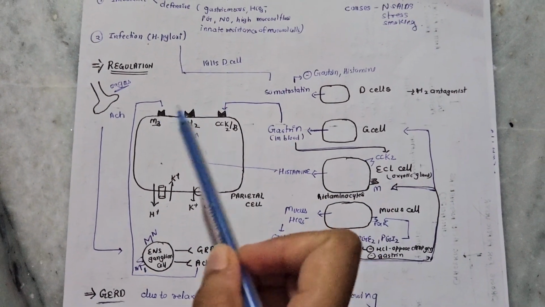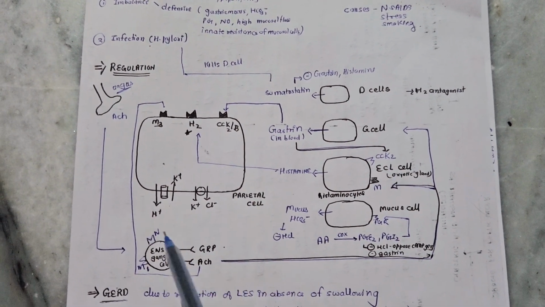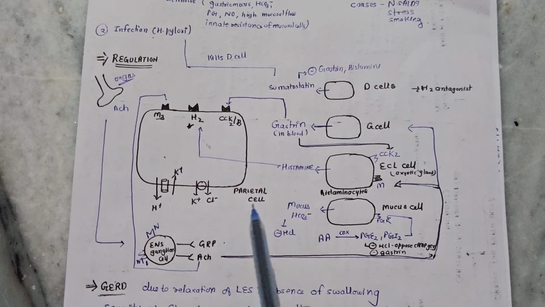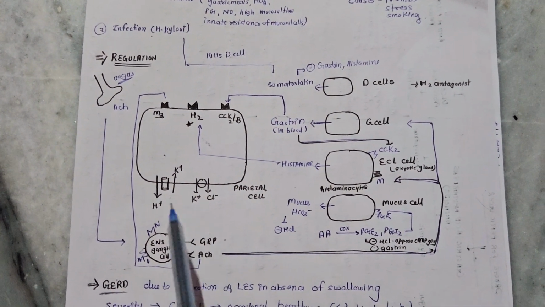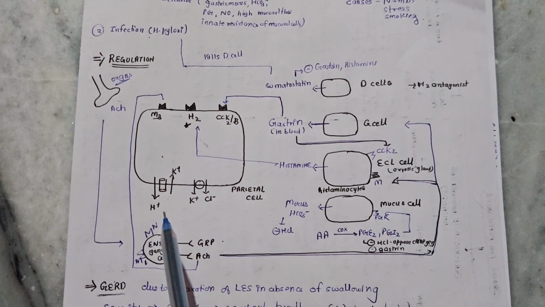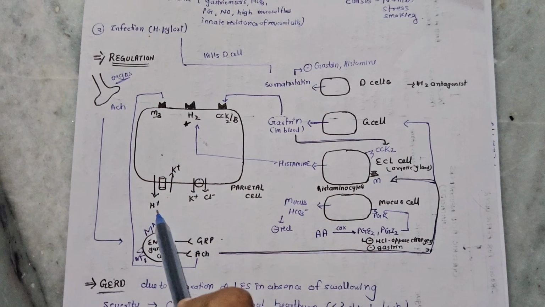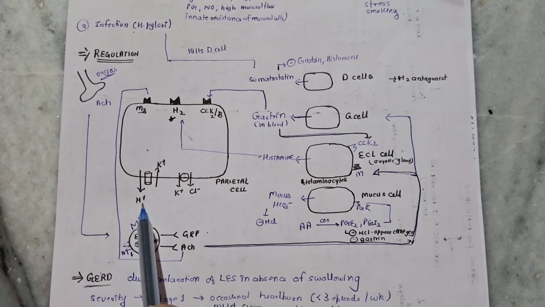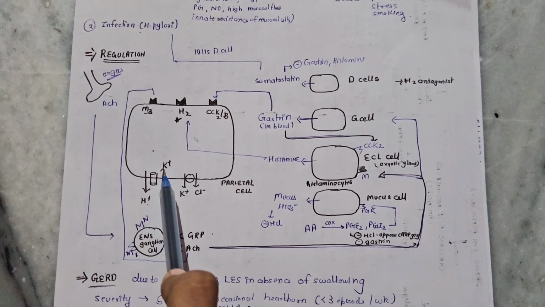Gastric acid secretion, the final step, includes H plus K plus ATPase located in the parietal cells. There is a terminal enzyme known as H plus K plus ATPase, also known as the proton pump, which secretes H plus ion in the apical canaliculus of the parietal cell in exchange for potassium ion.